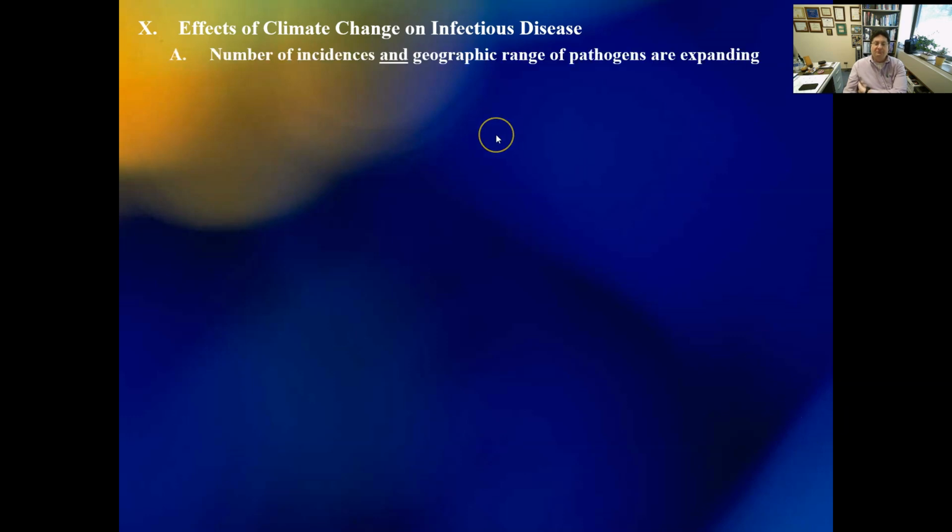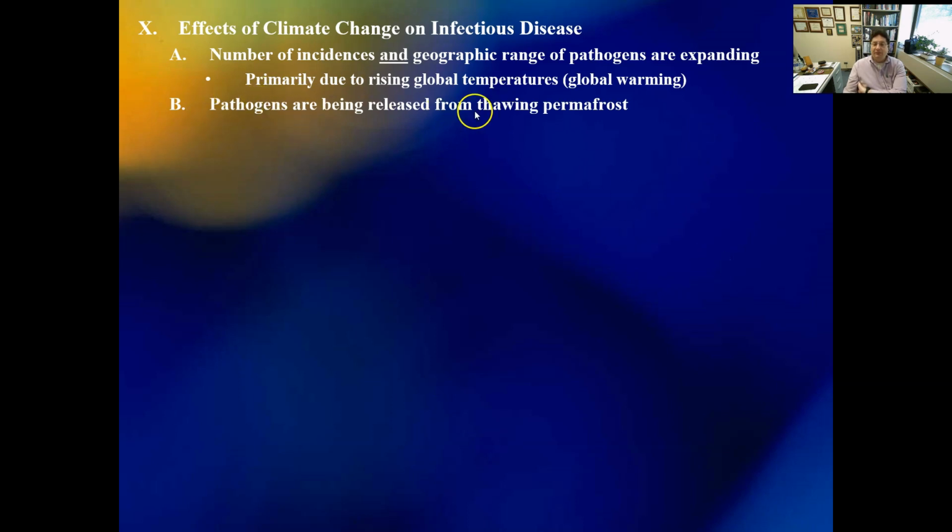All right, basic concept, everyone. Due to climate change, the number of incidences, cases, and the range of disease-causing microbes, pathogens, are expanding. Both the number of incidences, the number of cases, and the geographic range. And this is primarily due to rising global temperatures worldwide.